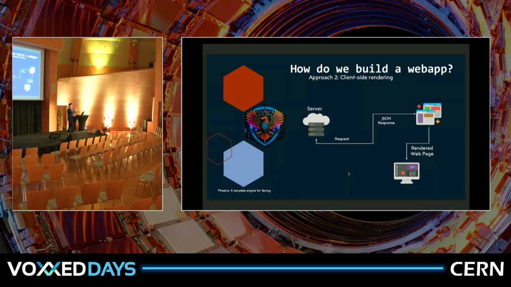So it was sending a request to the backend, and it was retrieving, usually as a JSON string, the needed data. And everything got assembled together using JavaScript, and voila, you have a web page. Single page applications, for example, use this approach.